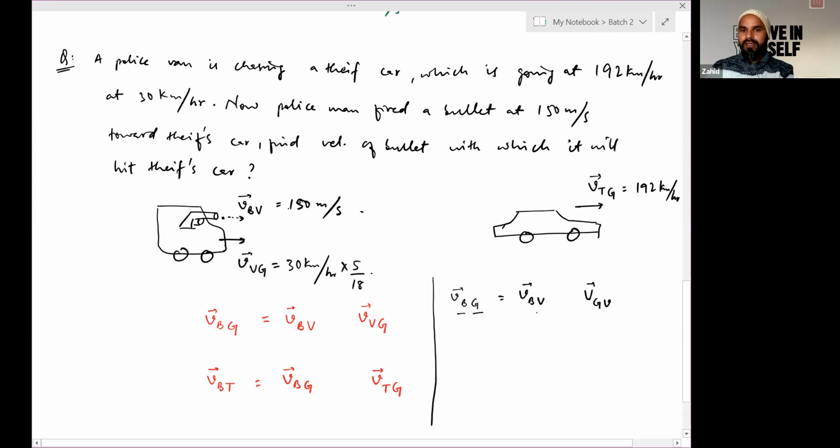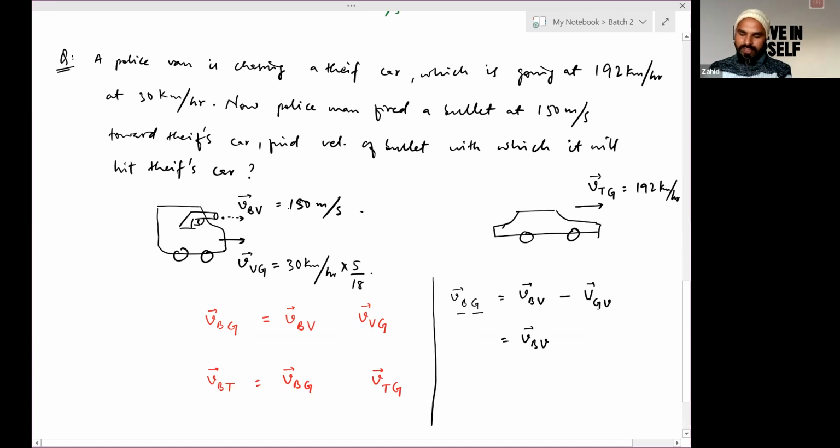If the velocity of each body is defined from the same reference, then there will be a negative sign in between. Now reverse the direction of the second part, so it will be velocity of bullet with respect to van and velocity of ground with respect to van.